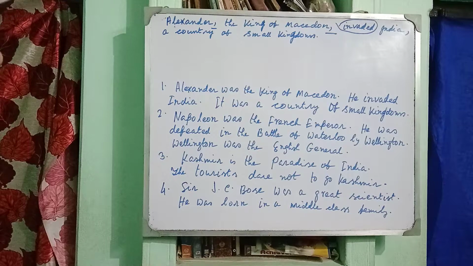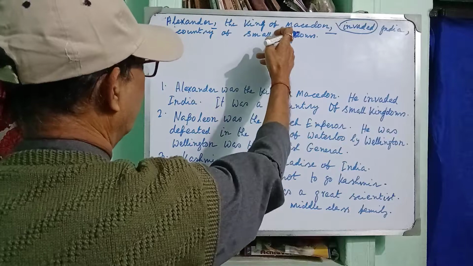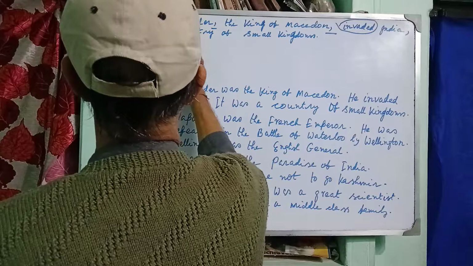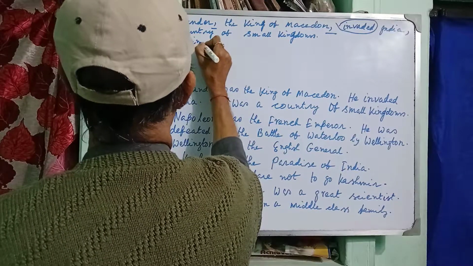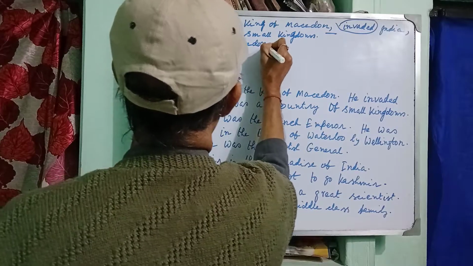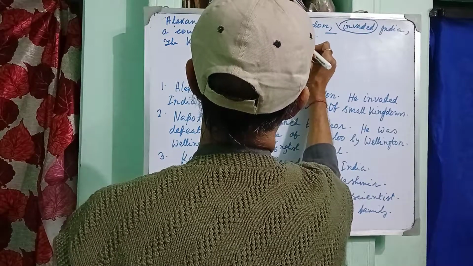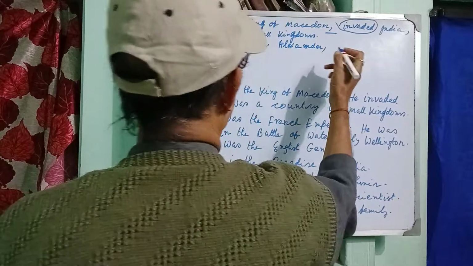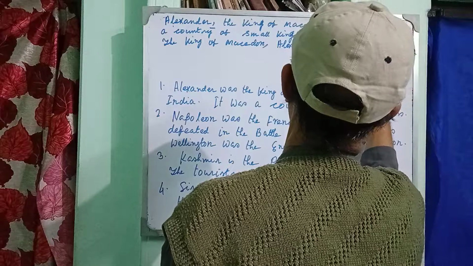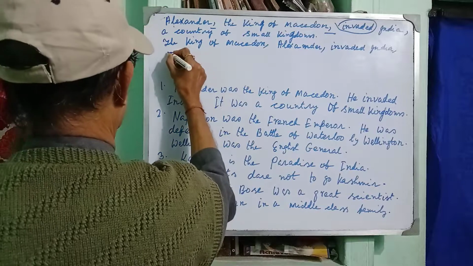You may write in another way. You may put the noun phrase at the beginning of a sentence. You may write in this way: the king of Macedon, comma, Alexander, comma, invaded India, comma, a country of small kingdoms.